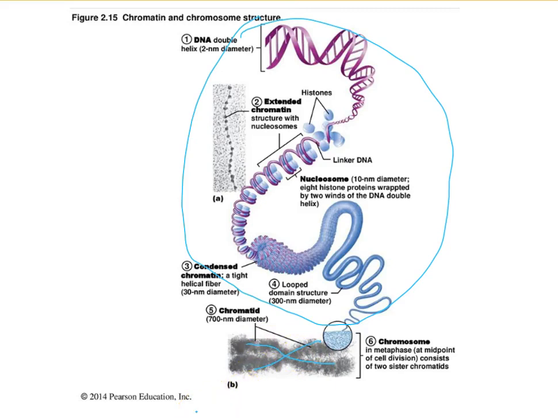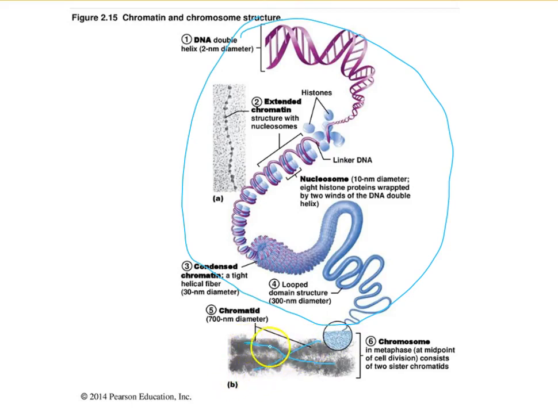Only after the DNA has replicated, you can find this picture or this shape of the genetic material. Because DNA has already replicated, each chromosome actually consists of two identical copies. The two copies are called sister chromatid.